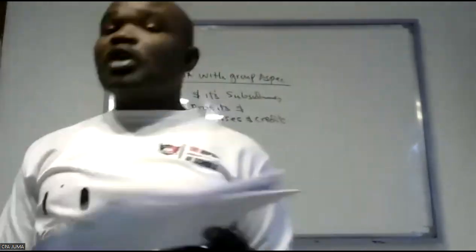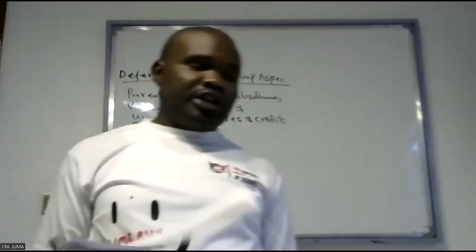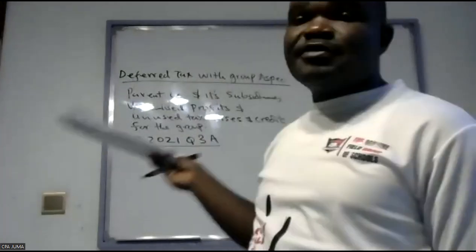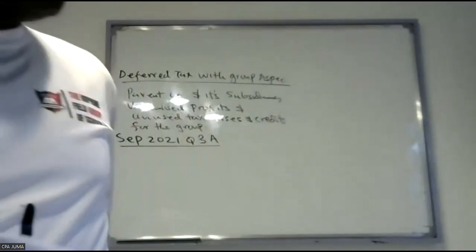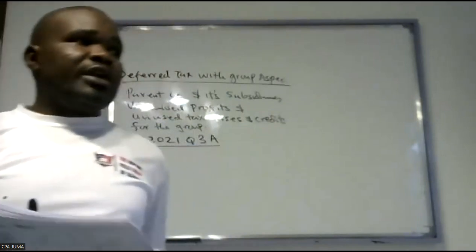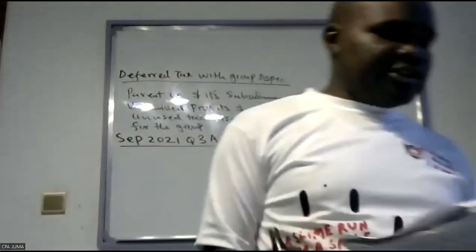You have that in the notes I gave you. I gave you the definition of temporary differences: it's the difference between the carrying amount of an asset or liability and its tax base. Permanent: the difference between the accounting profits and the taxable profits during a given financial period. So you will get that from the notes.